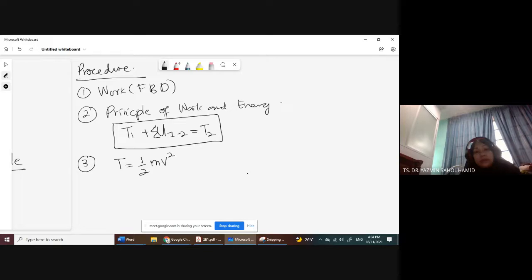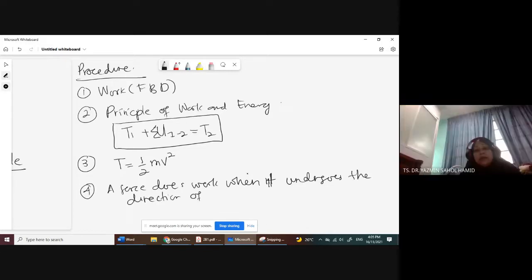And the concept that you must remember: a force does work when it goes in the direction of displacement.